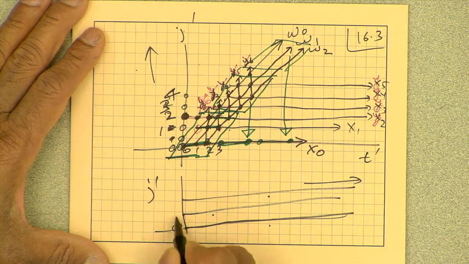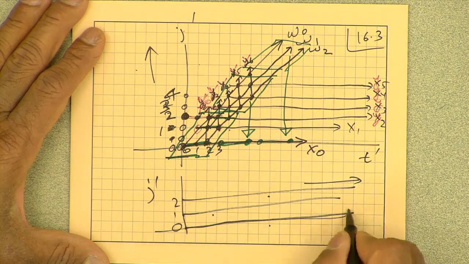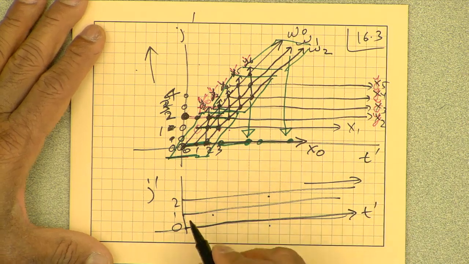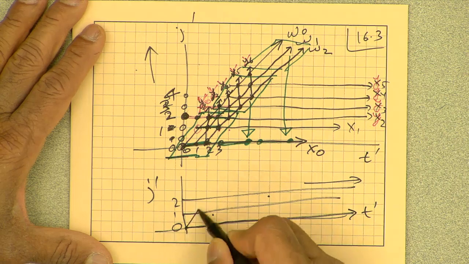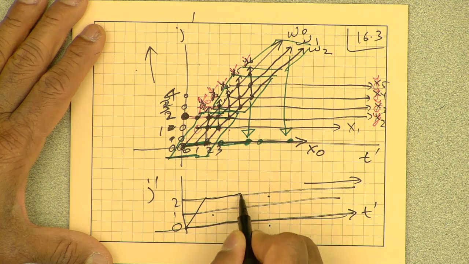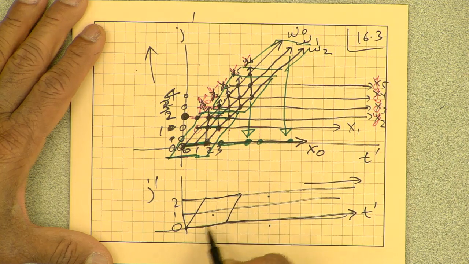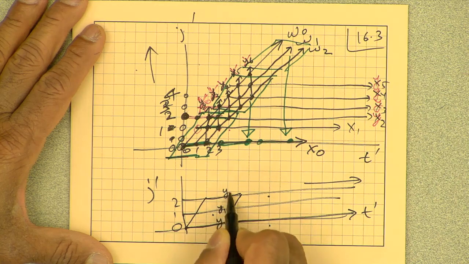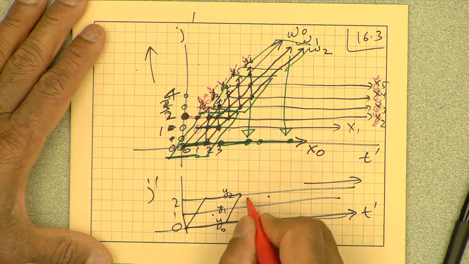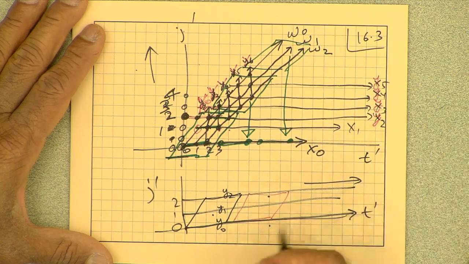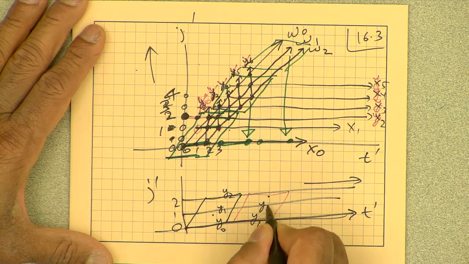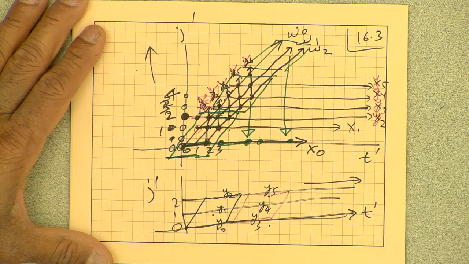So this will have j prime 0, 1, 2, and then t prime, and these computations: this is computing y0, y1, y2, and the next template will compute y3, y4, y5.